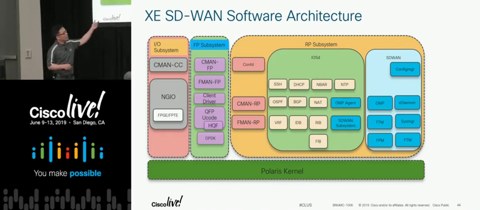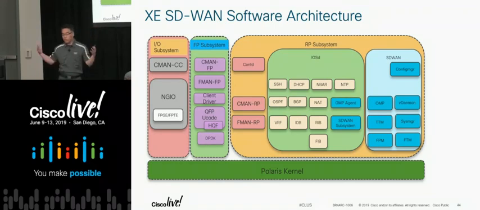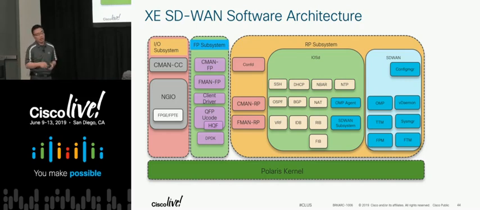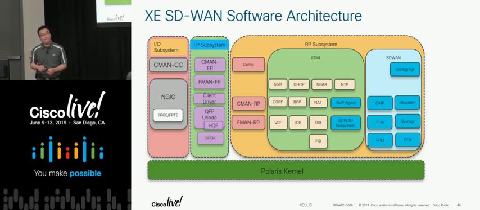IOS also needs some information from the SD-WAN, so the SD-WAN subsystem establishes bidirectional communication to synchronize the required state between IOS and between the service VPN and the transport VPN.